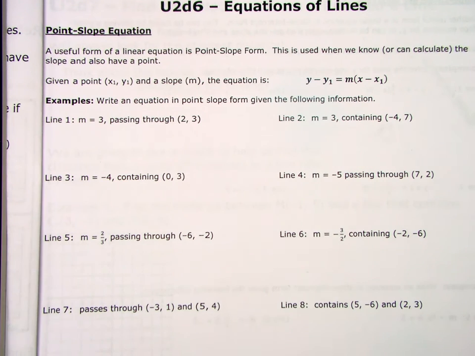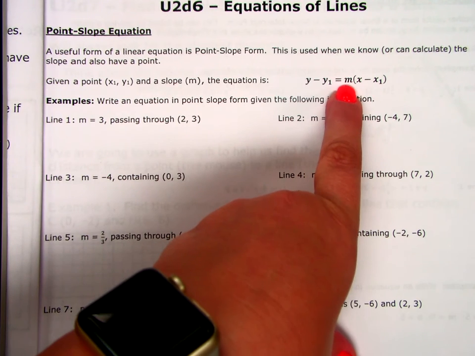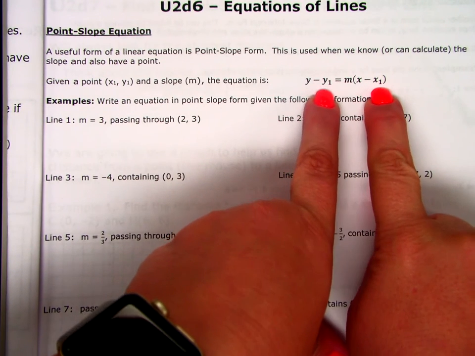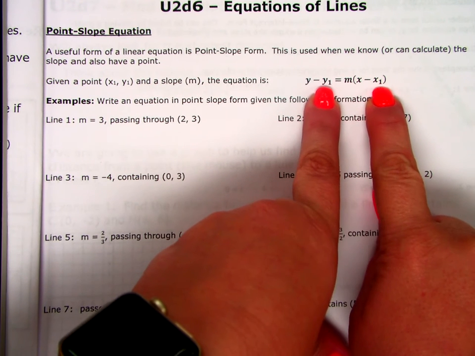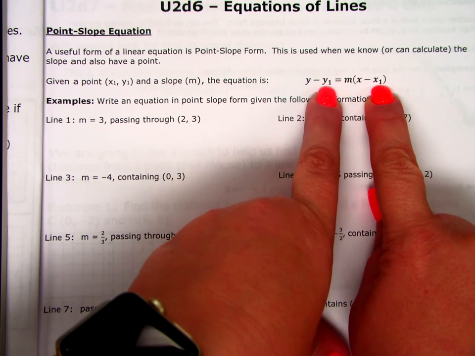Okay? And when you look at the point-slope equation, you're still going to be able to see what the slope was. And you're still going to be able to see what the x and the y from the point were. Which means we're not going to be simplifying much.